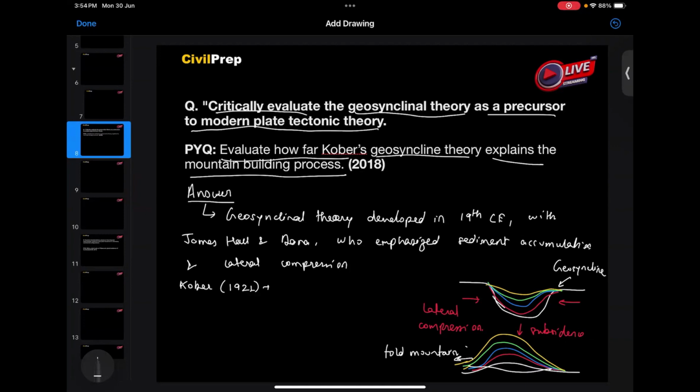He introduced the foreland and geosyncline dichotomy, where the rigid forelands compress mobile belts. We'll understand this theory in detail.